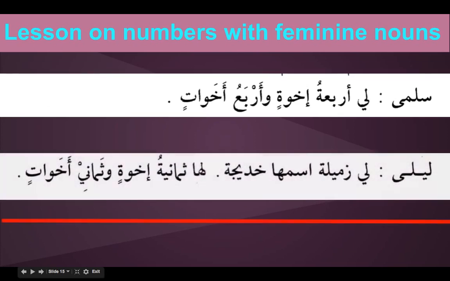Laila is telling, li zamilatun. See, li is again jar majroor, shibu jumla khabar muqaddam, zamilatun. So now we know it is mubtada muakhar, it is indefinite. Zamilatun ismuha, her name is, again it's mudaf ilayhi, Khadijatu.